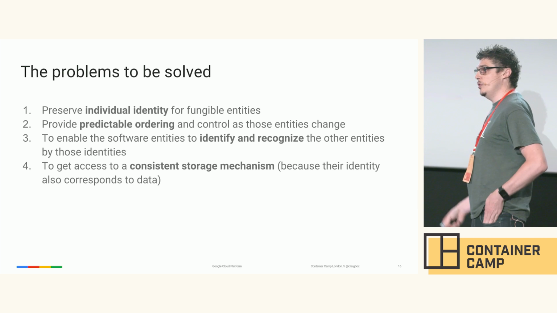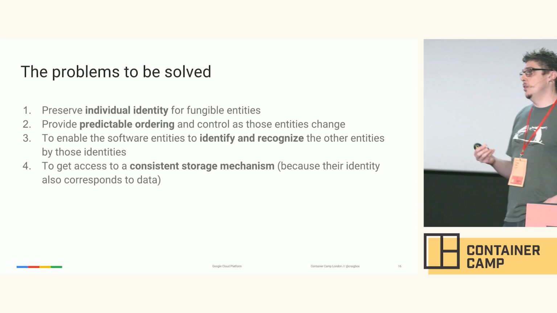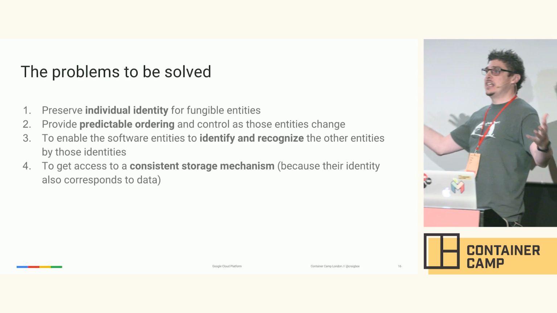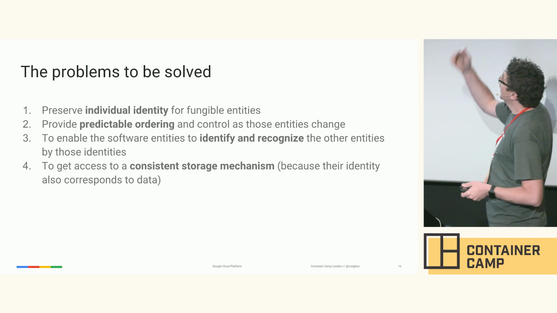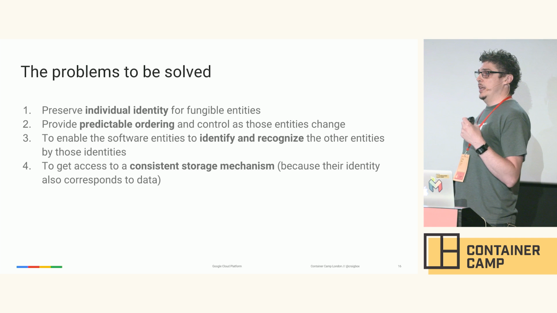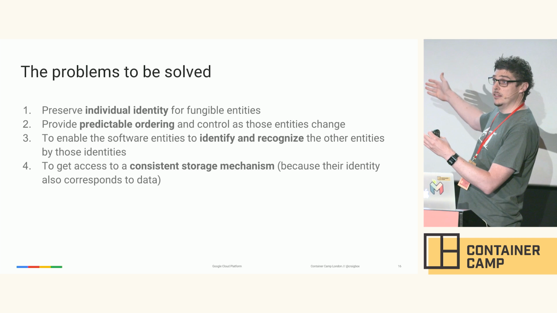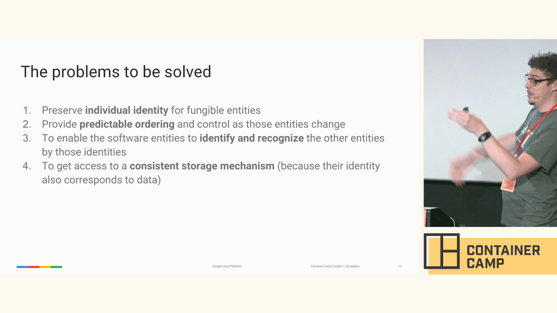First of all, we need to preserve the individual identities for these fungible entities. They are not now just things given a code name randomly every time. We want some kind of ordering. We want a predictable ordering, and we want control of that order so that when we want to scale more, we add them to the end, and when we want to maybe scale down, we take them off the end. So we always have 0 to whatever the maximum number is.